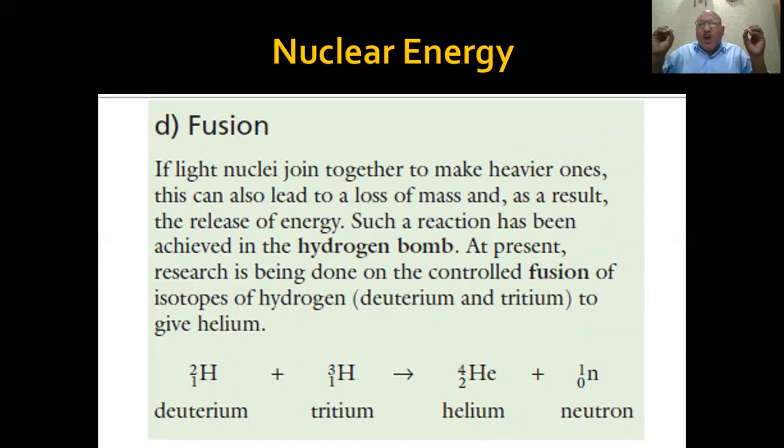We have smaller nuclei and we bring them close, and they fuse with each other and make a larger nucleus. This is called fusion. When this happens, an immense amount of energy is produced. And fusion is happening on the stars, on the sun.